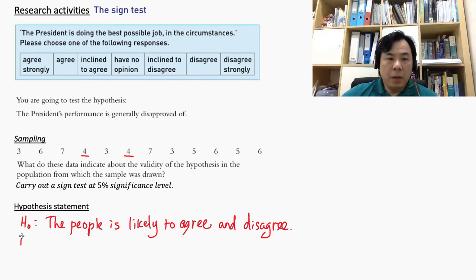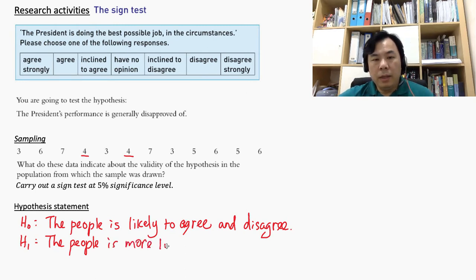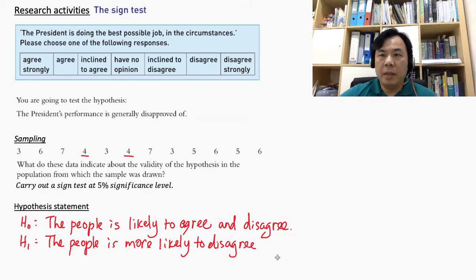Whereas the alternative hypothesis would say that the people are more likely to disagree than agree.